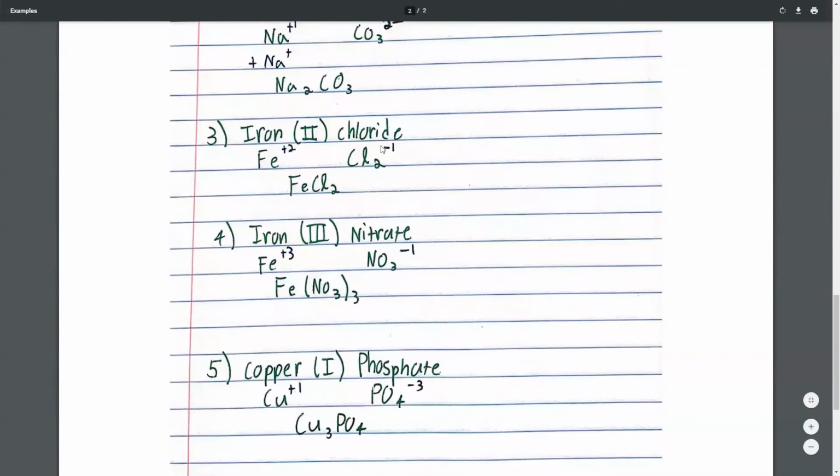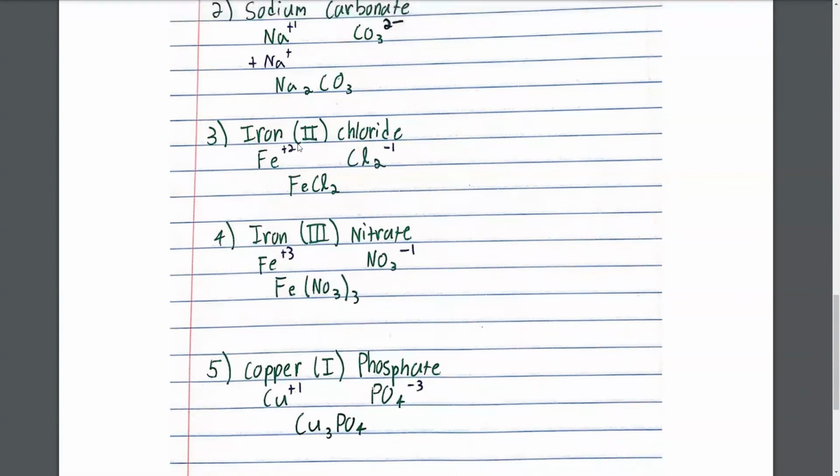As for iron(II) chloride, iron is going to come down as Fe. Chlorine usually has a -1 charge, and the Roman numeral 2 tells us Fe has a 2+ charge, so we need two chlorines. So these come down as FeCl2.